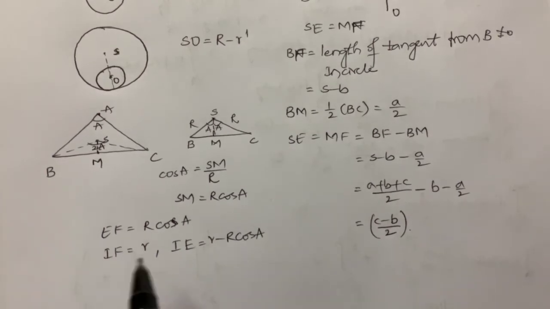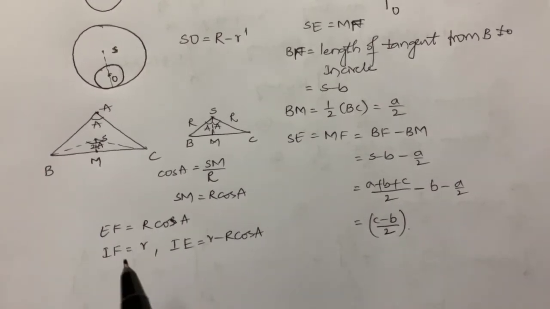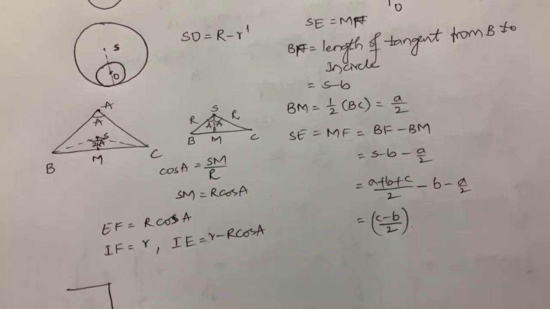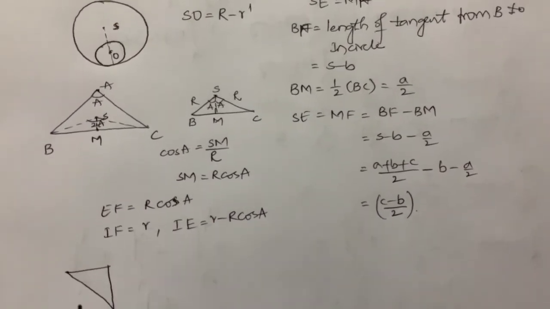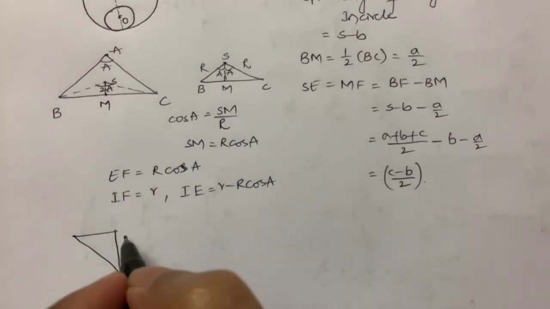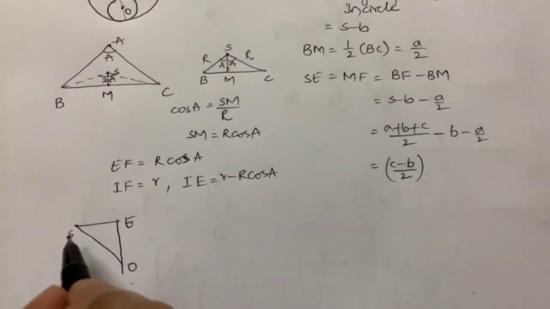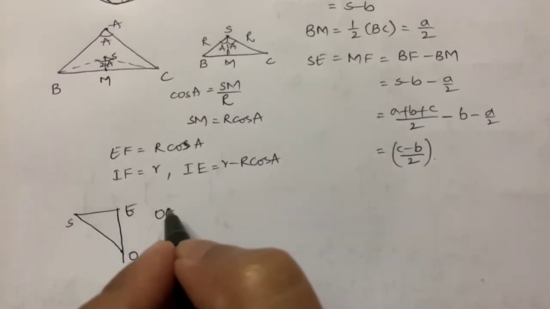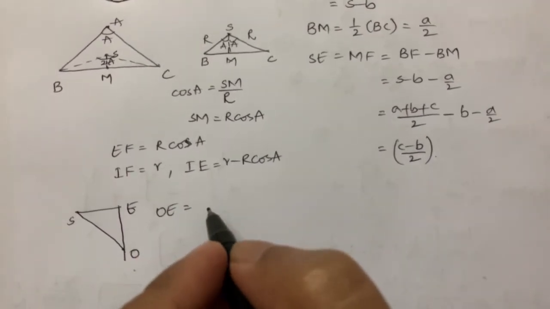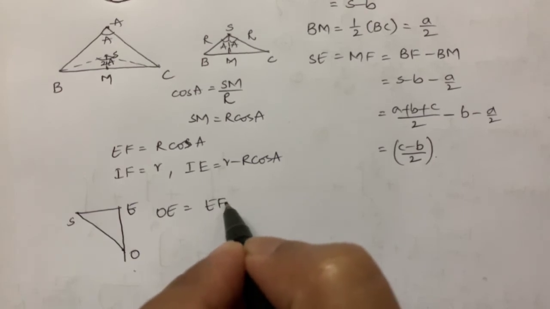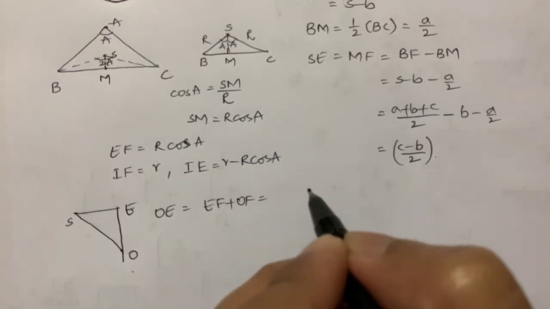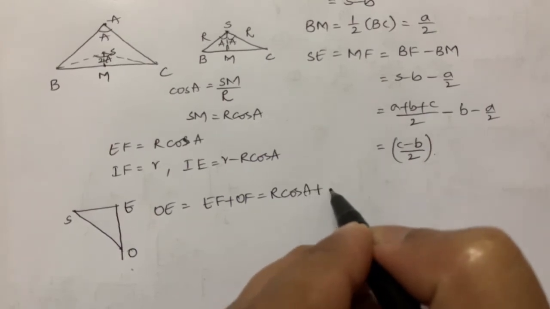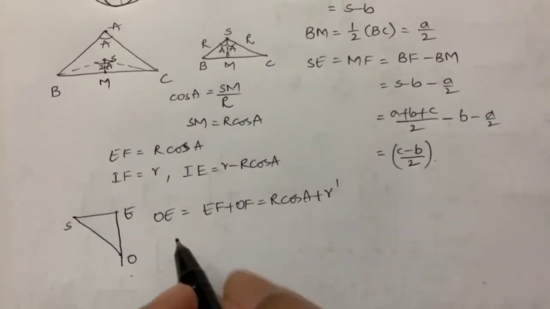If I use the right triangle here, the right triangle SEO, O, E, S. So OE length we know. OE is equal to EF plus OF, which is EF equal to R cos A plus OF equal to R dash.